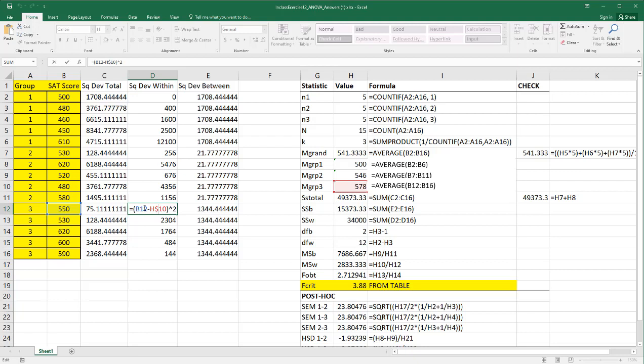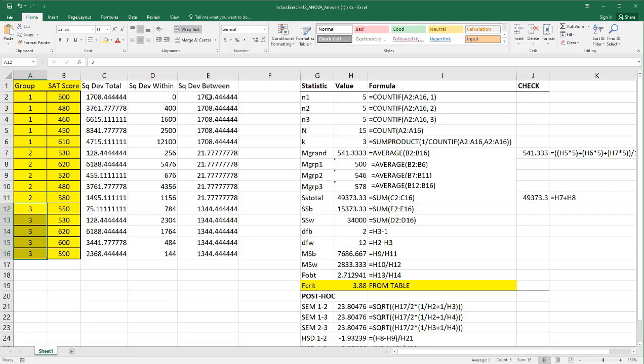And so I showed you visually how we did this in the last video, but here you can see numerically what we are doing. Well, we're just subtracting the individual score x1, x2, x3 from the appropriate group mean, and we know which group mean is appropriate based on this information over in that group column.